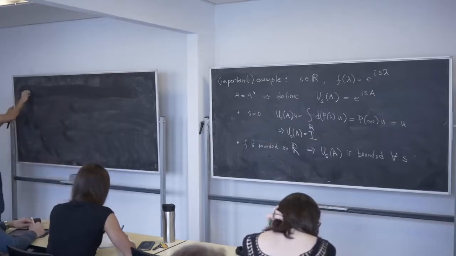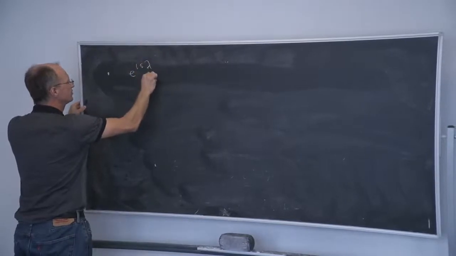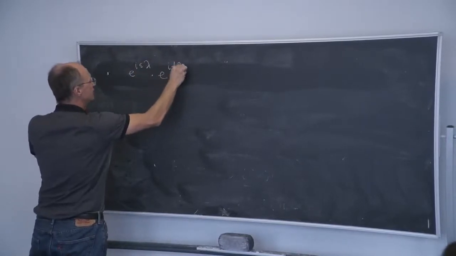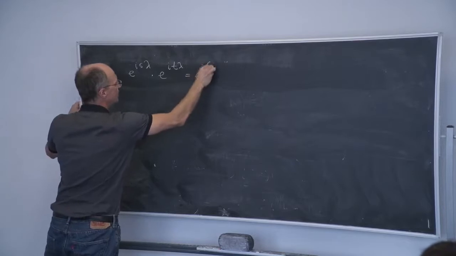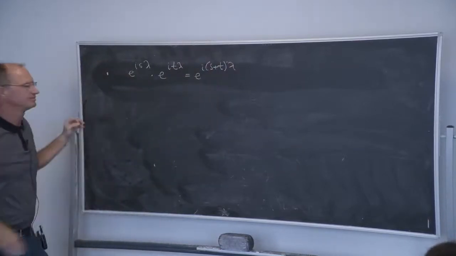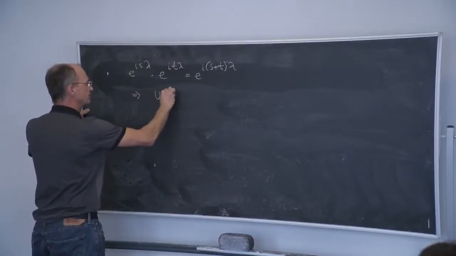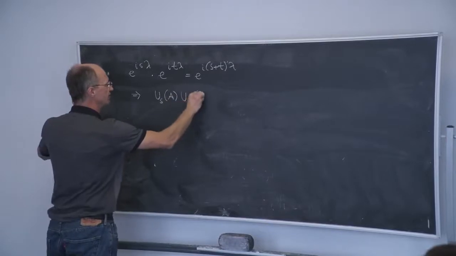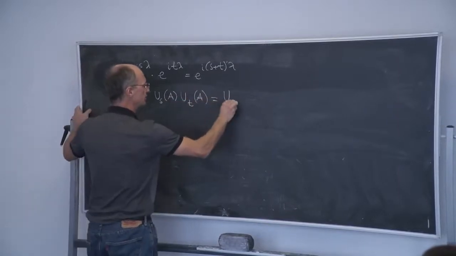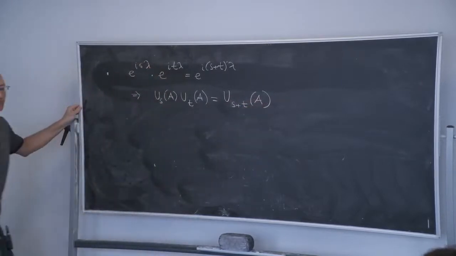Now yet another property: obviously, exponential i s lambda times exponential i t lambda is exponential i (s plus t) lambda, right? Which means that U_s of A times U_t of A is U_{s plus t} of A.